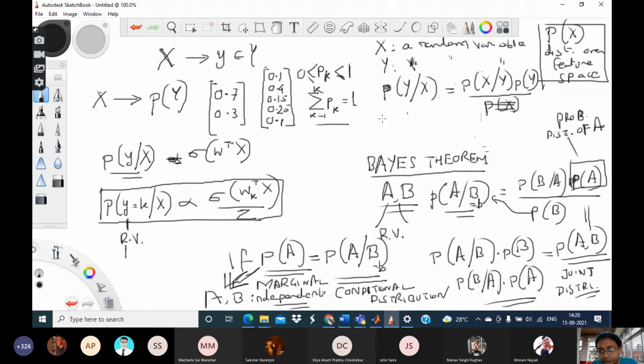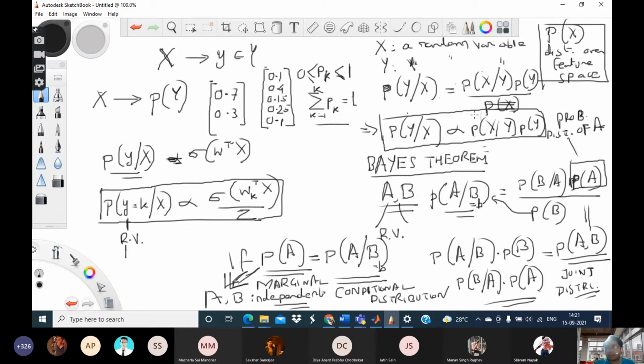So let's treat this as a constant, and let us write this as: probability of y given x is proportional to probability of x given y times probability of y.